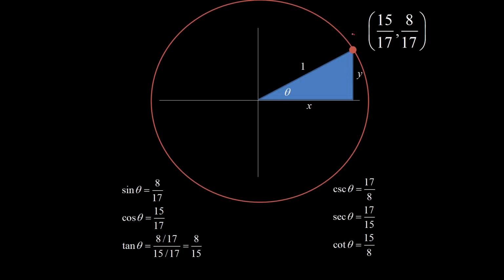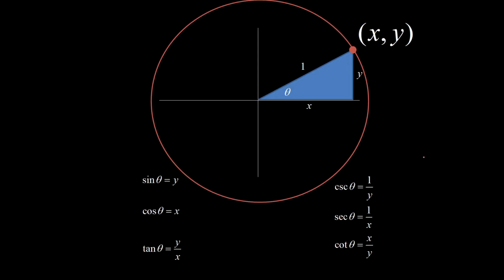And so from this 1 point, we can get all 6 trig functions. And I do want to say that it's for radius 1 that we get these simpler results.